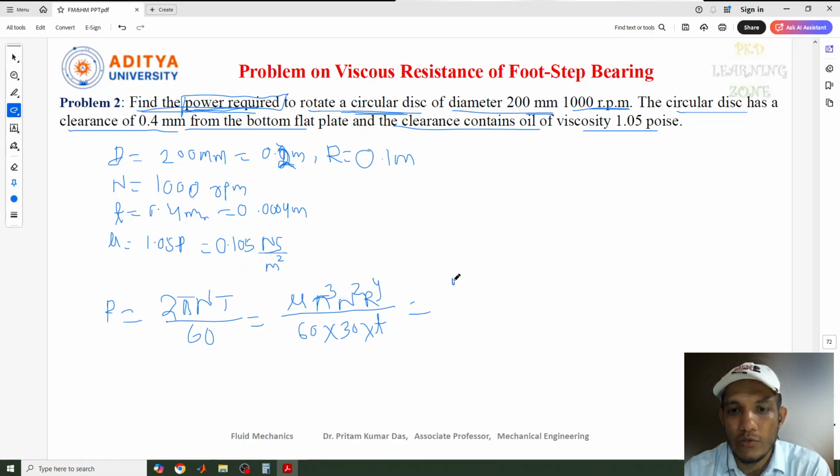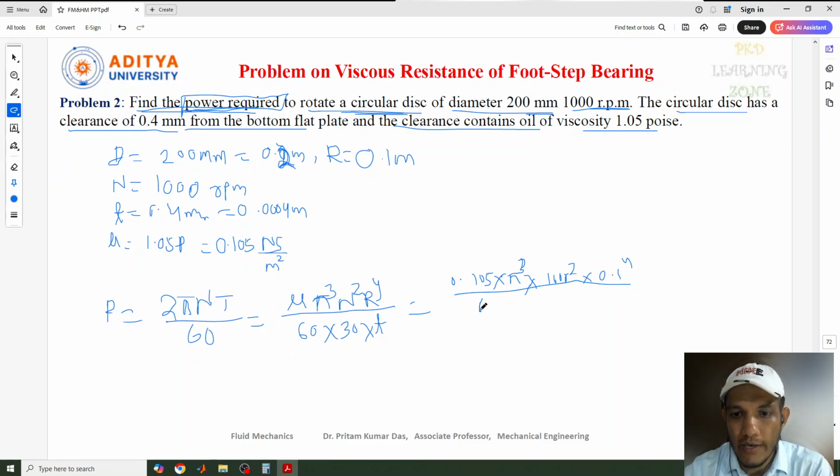Anyway, now just put all these values in this equation. So mu value 0.105 into pi to the power 3, and N value is given 1000, so 1000 to the power square, and R value is 0.1 to the power 4.